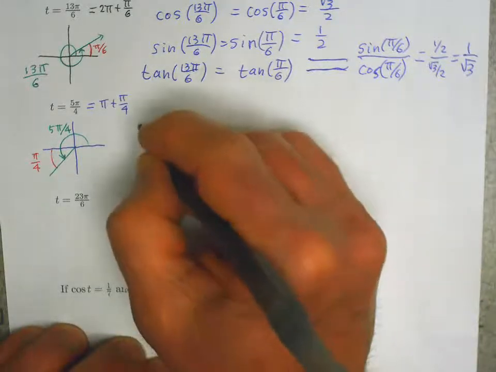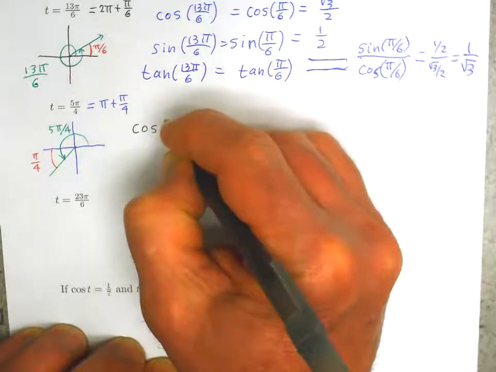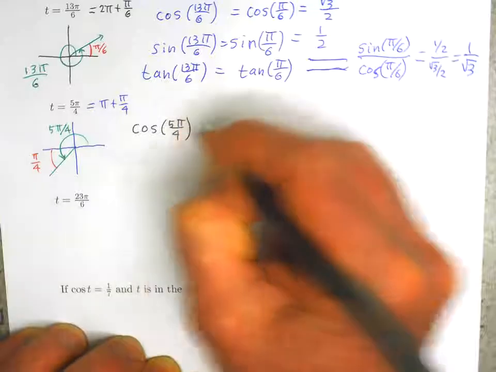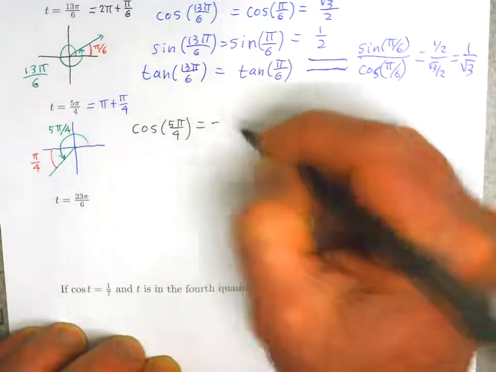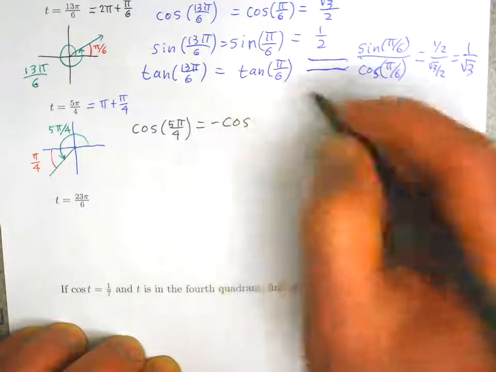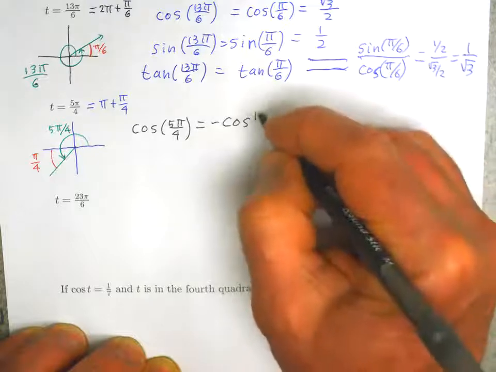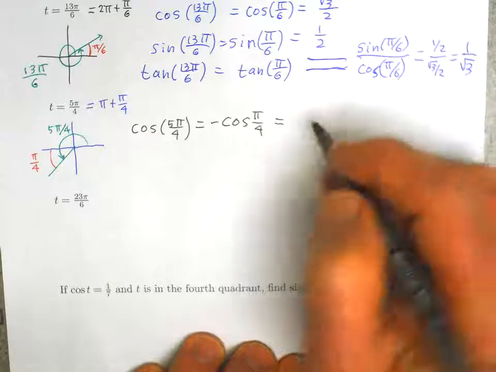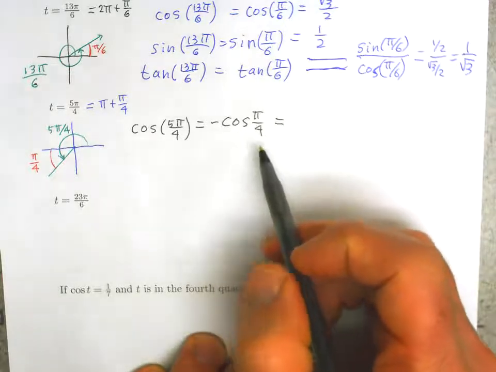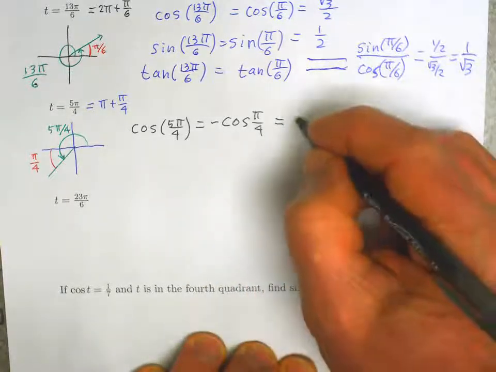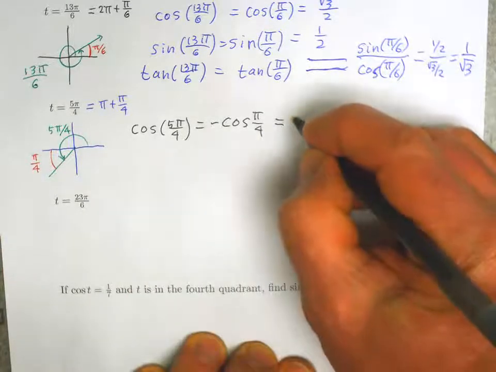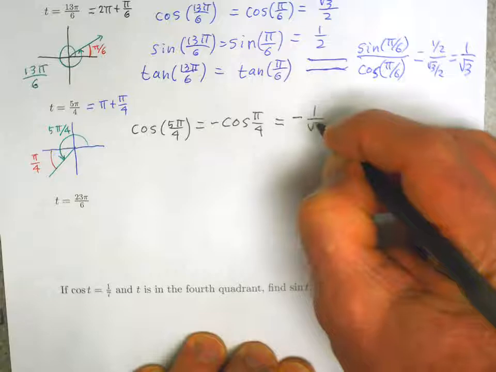So that means cosine of 5 pi over 4 is equal to the negative of cosine of the reference angle pi over 4. And we know that cosine of pi over 4 is 1 over the square root of 2. So cosine of 5 pi over 4 is equal to the negative of 1 over the square root of 2.